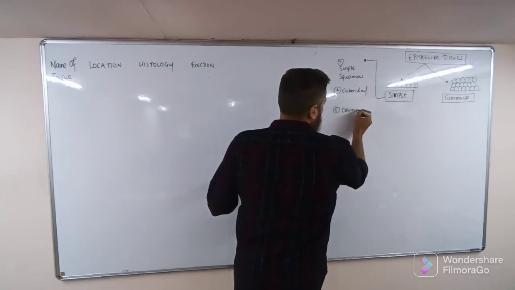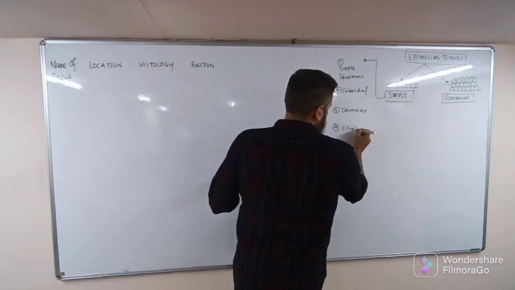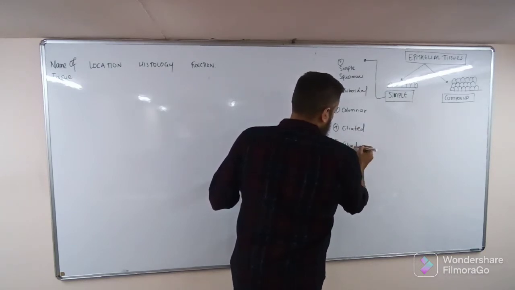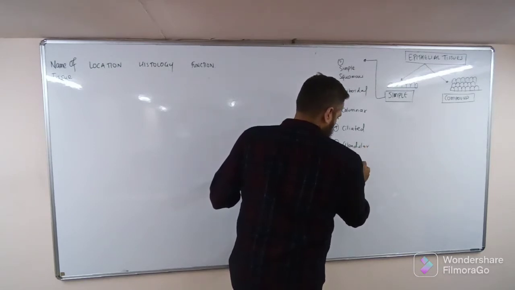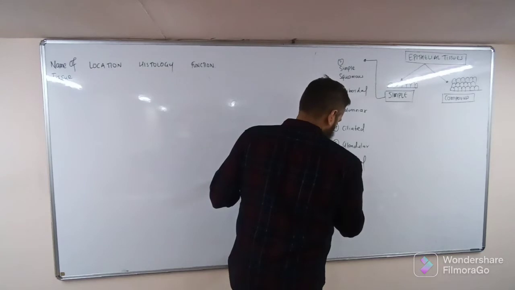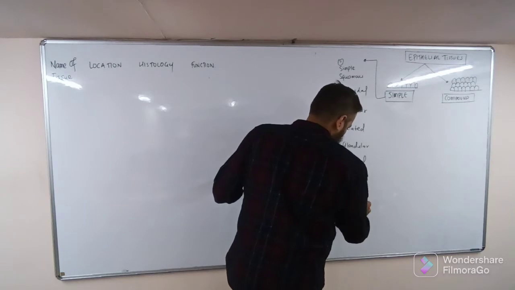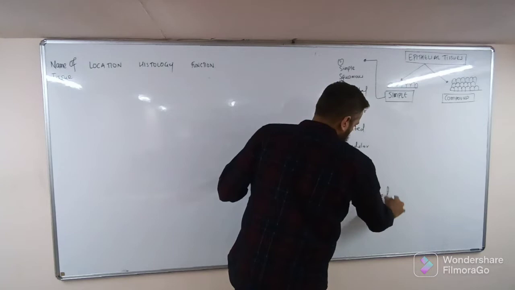Then we have a simple columnar epithelium. We have a simple ciliated epithelium. A simple glandular epithelium. A simple germinal epithelium. A simple sensory epithelium. And a simple pseudo stratified epithelium.